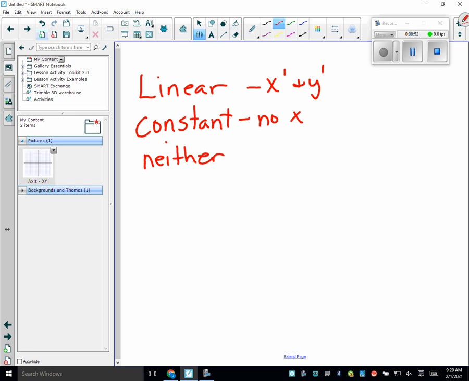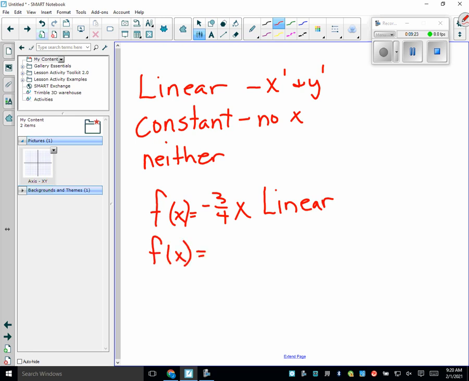All right? F of x is negative 3/4 x. Is f of x y? Yeah? So is this a linear function? It is, isn't it? This is linear. So we're just naming it if it's linear or whatever.